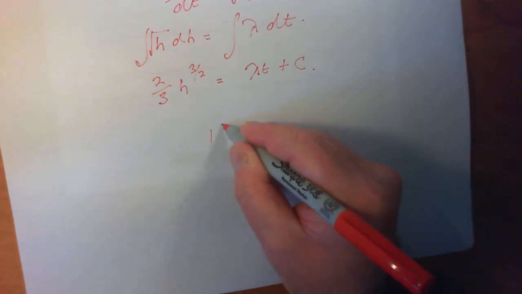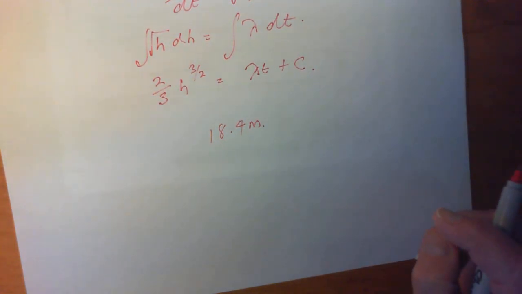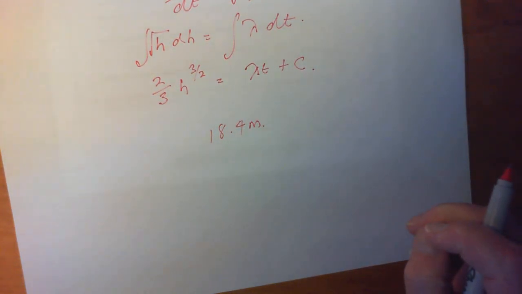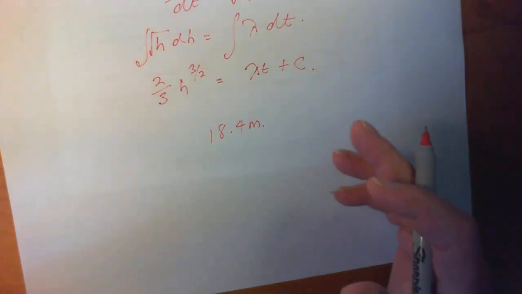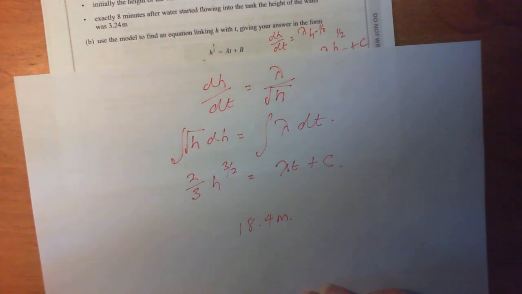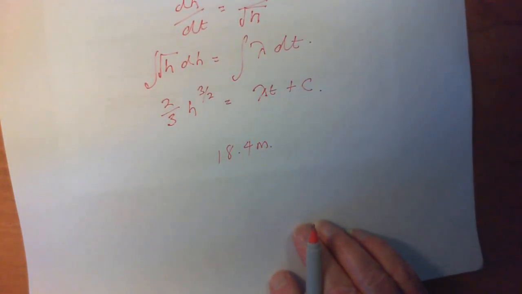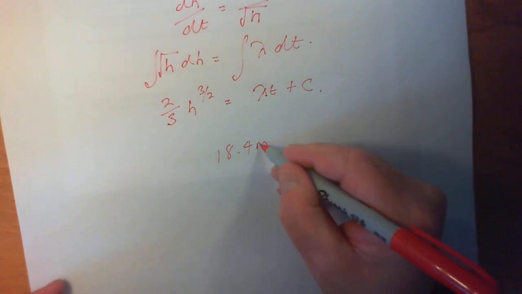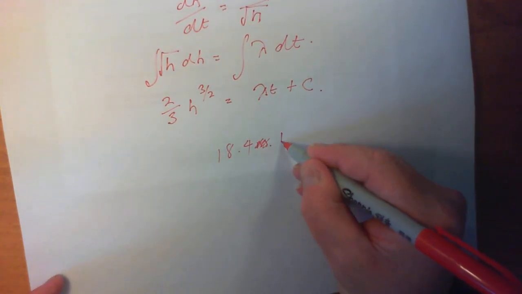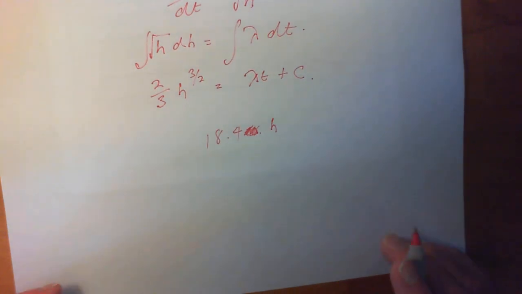So for what it's worth, it's 18.4 minutes, and you could stick that down as... Oh, sorry, yeah, it's 18.4 hours, I think. Yeah, the little thing I was going to stress here is that you could put that down in minutes.